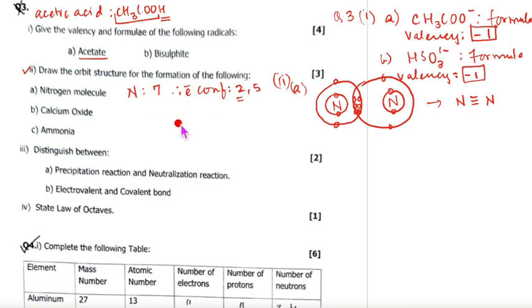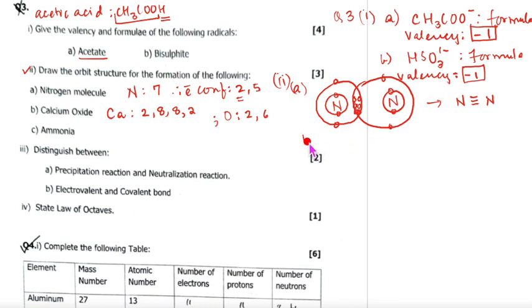Then we have calcium oxide. Now calcium oxide is CaO. So calcium has electronic configuration 2, 8, 8, 2 and oxygen has electronic configuration 2, 6.